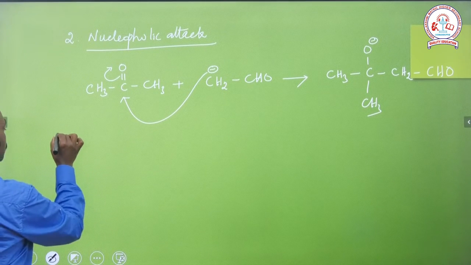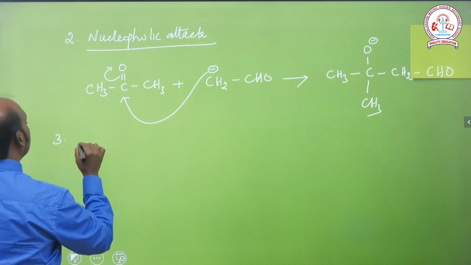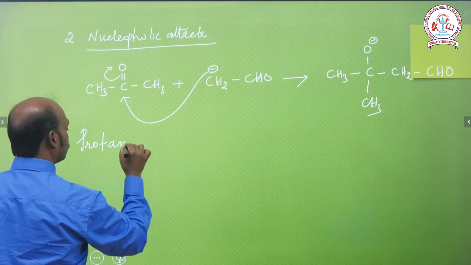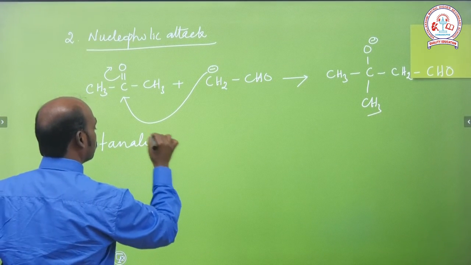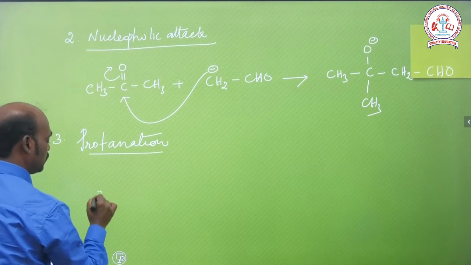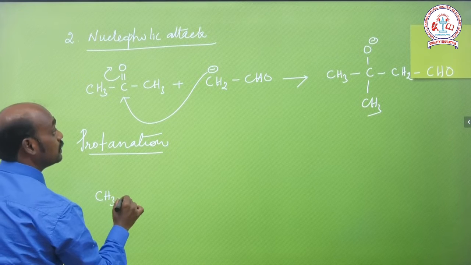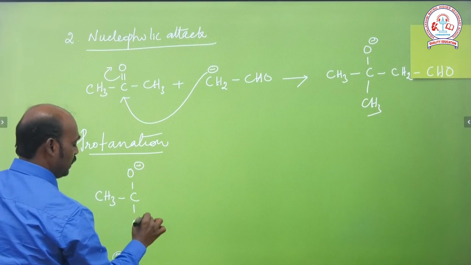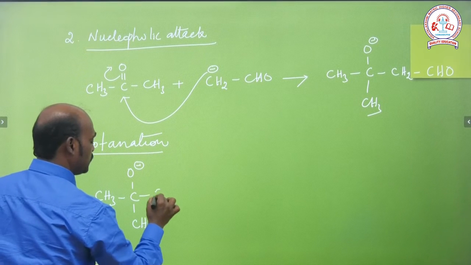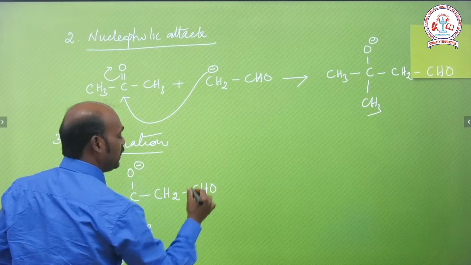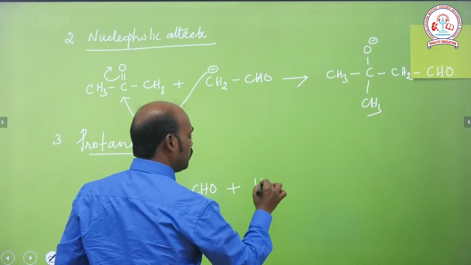Then the third step is protonation. Let us take that intermediate molecule CH3 CO minus CH3 CH2 CHO, treated with water molecule.